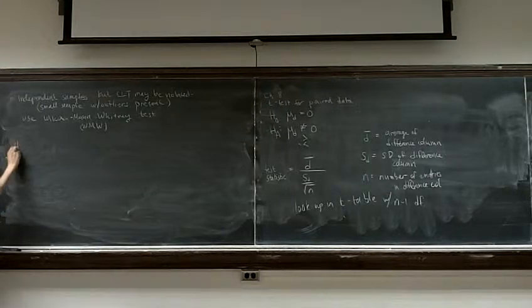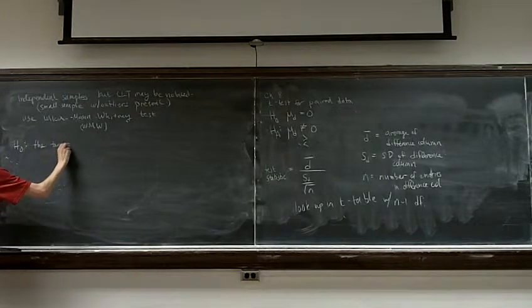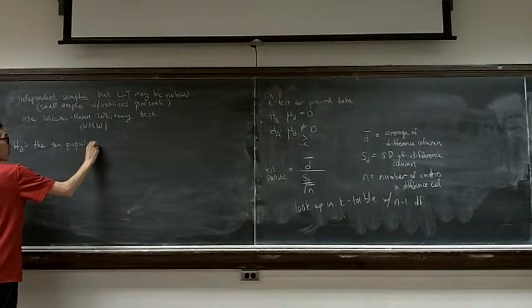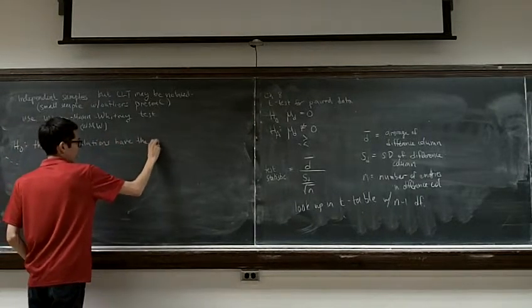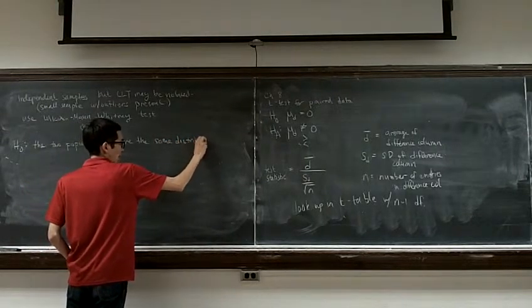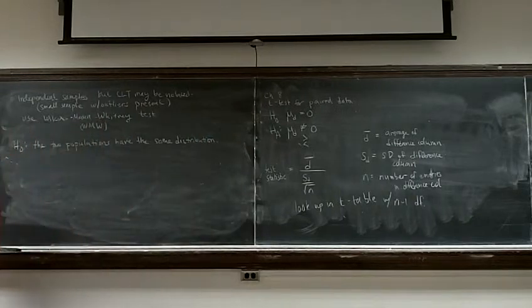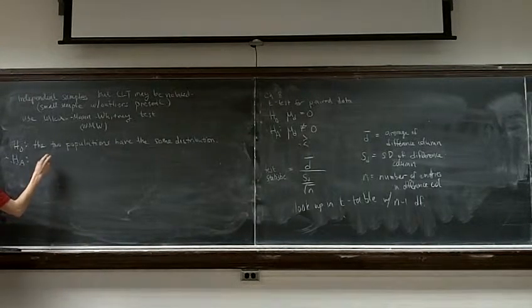The null hypothesis would be that the two populations have the same distribution. And non-directional would be the two populations have different distributions.